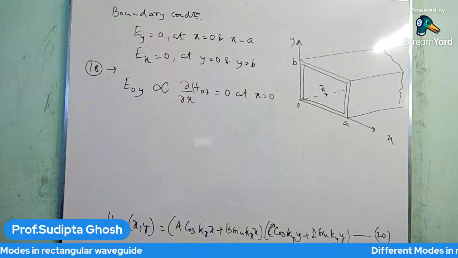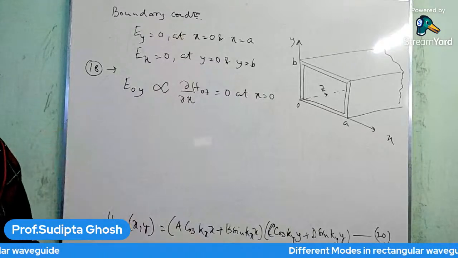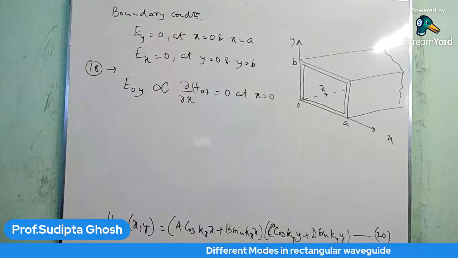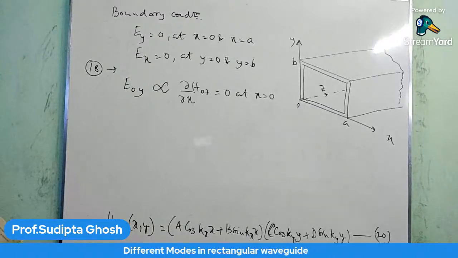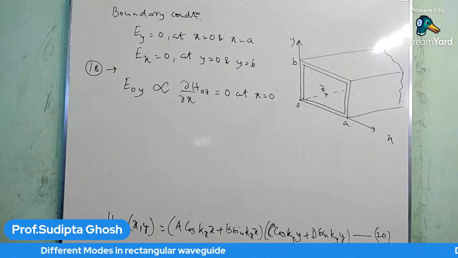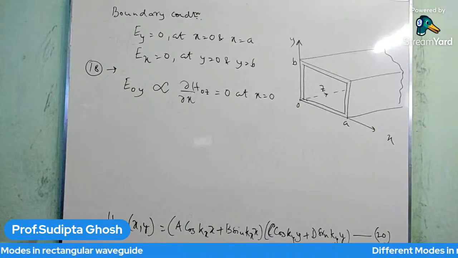Okay. So let's apply this boundary condition into equation number 20. We have to find out the value of del x of HOZ.